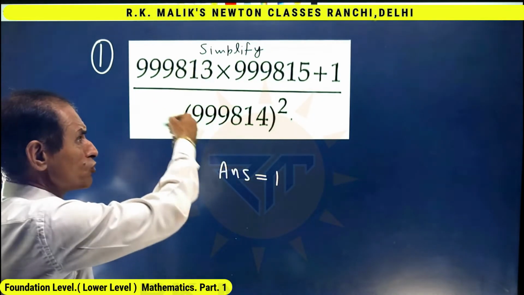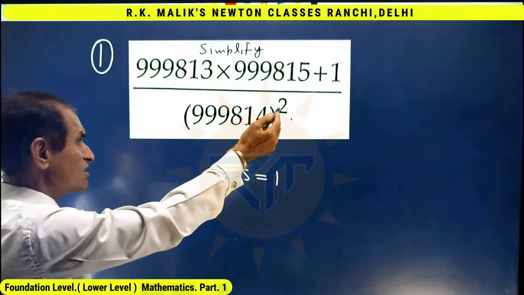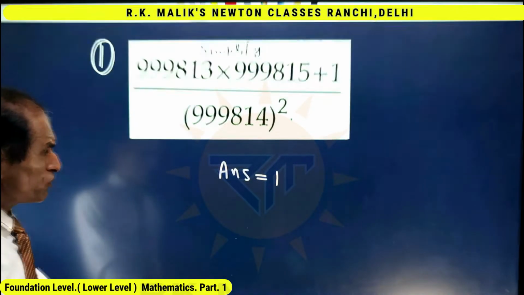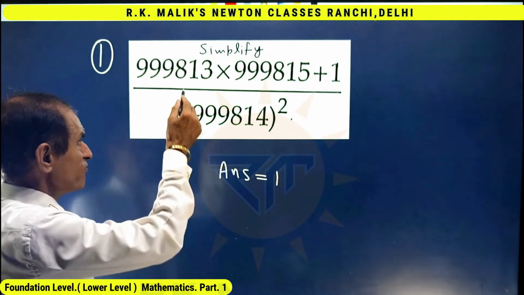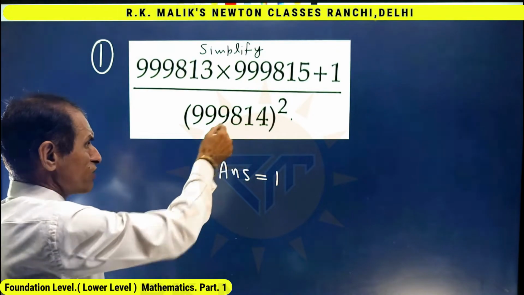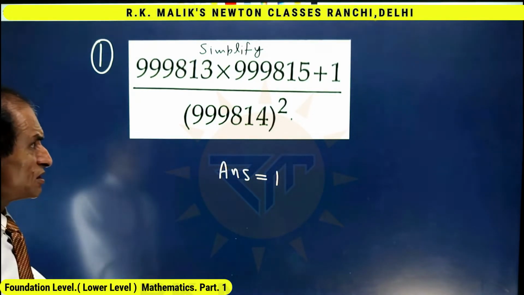The normal way of doing the calculation and getting the answer is too difficult, but if you see carefully, you can see very easily this number is 1 less than this and this number is 1 more than this.